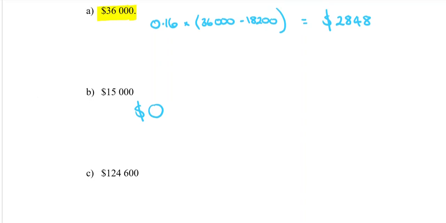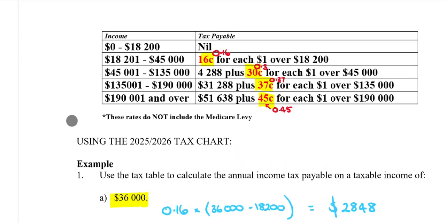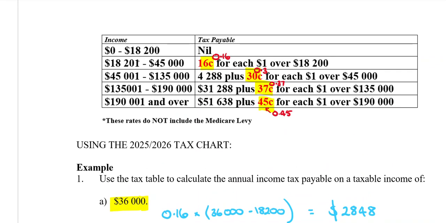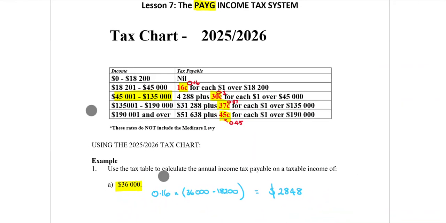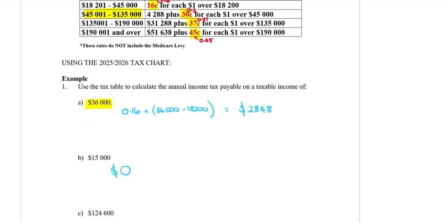Question C, 124,600. So 124,600 is between the 45,000 and the 135,000. They have to pay 4,288.